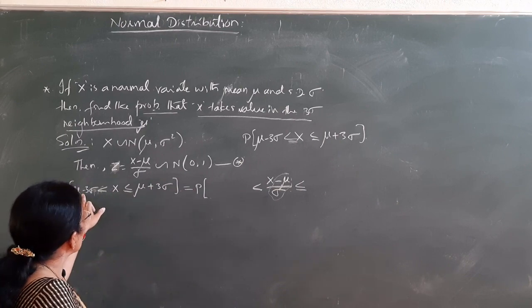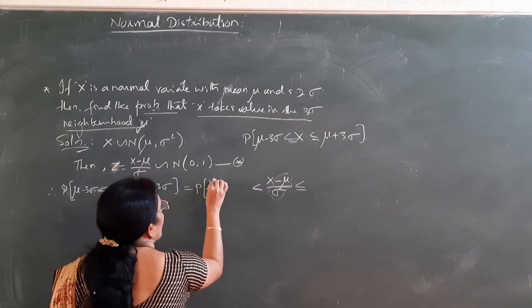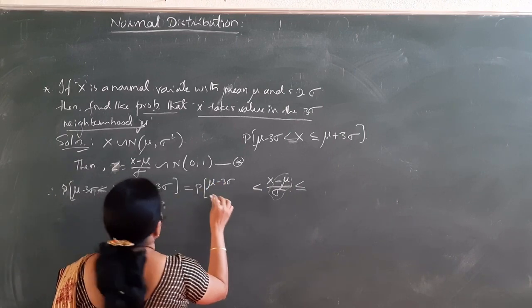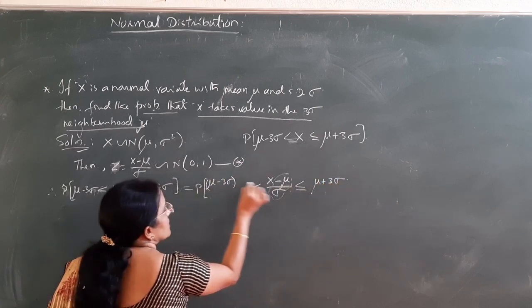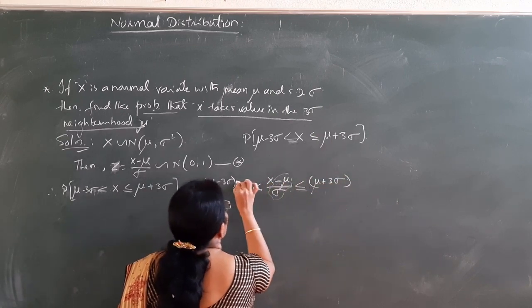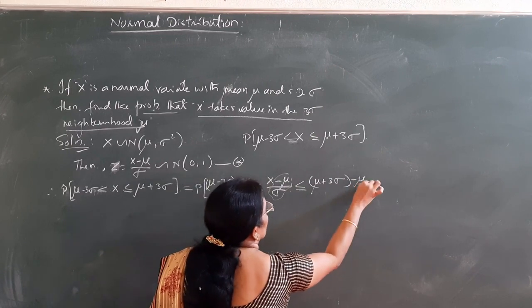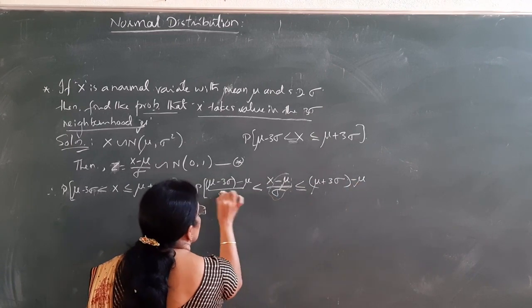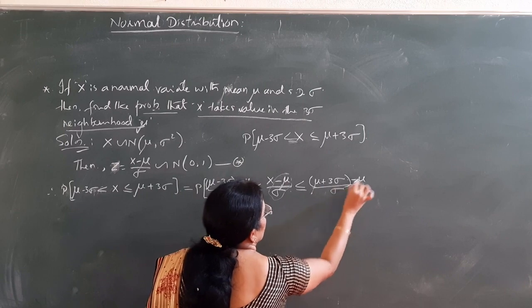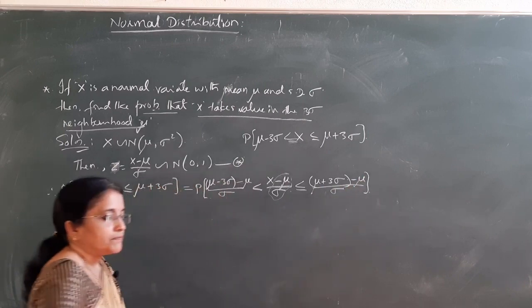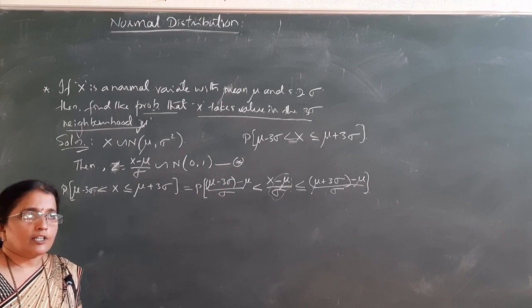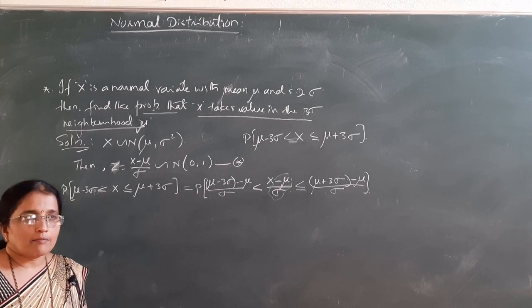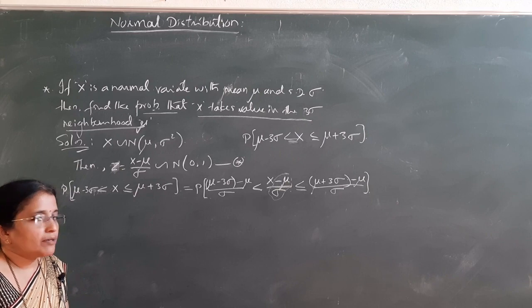The remaining two factors are, first one mu minus 3 sigma, next one mu plus 3 sigma. First subtract mu from both factors and divide by sigma. According to mathematics, if you multiply the numerator by some factor, the denominator is also multiplied by the same factor.